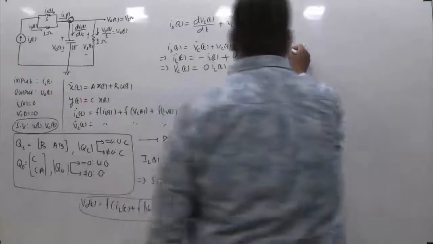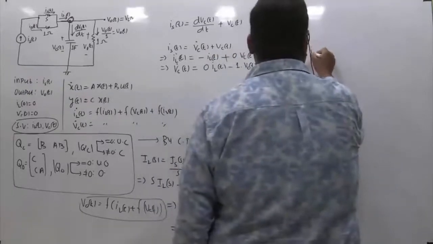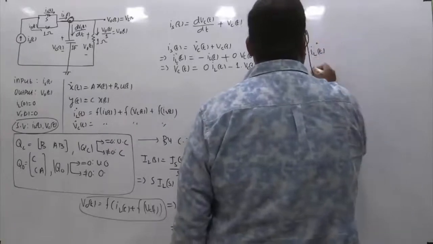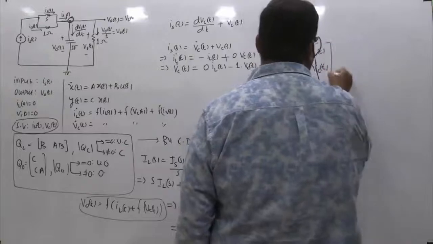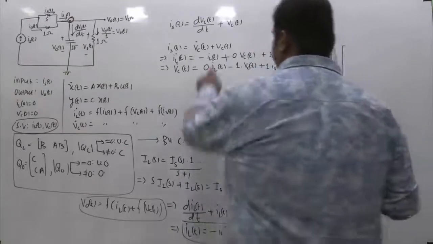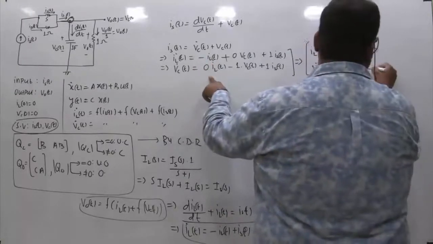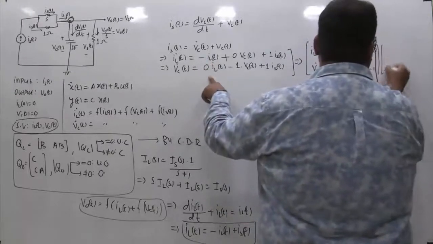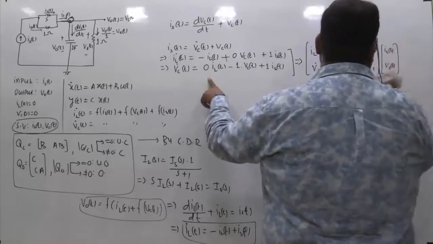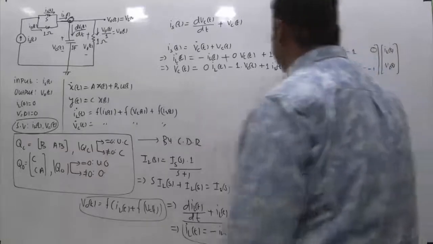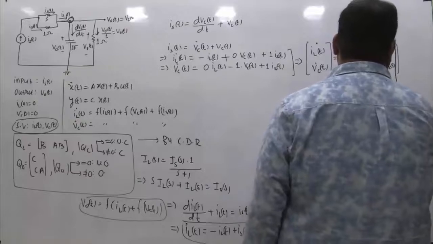These two sets of equations we can write in terms of a matrix, something like this. This is IL dot t, this is Vc dot t, so this is a column vector. We can write this as minus 1, 0, this coefficient is 0, this is minus 1, multiplied by IL of t and Vc of t, plus 1 into Is of t.